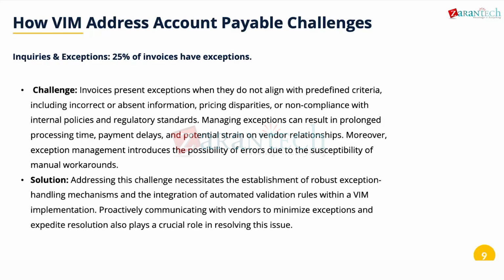That's just an example. Then there are pricing disparities, like whether the vendor has raised the invoice for the right amount agreed upon on the purchase order. Assume you are dealing with a vendor where you regularly buy stock, and you have an agreement that for the next 1 year he will sell at this price.